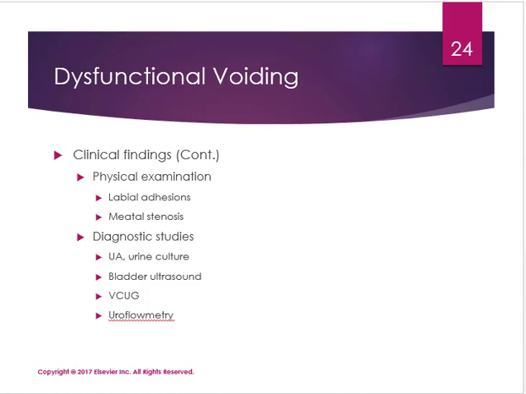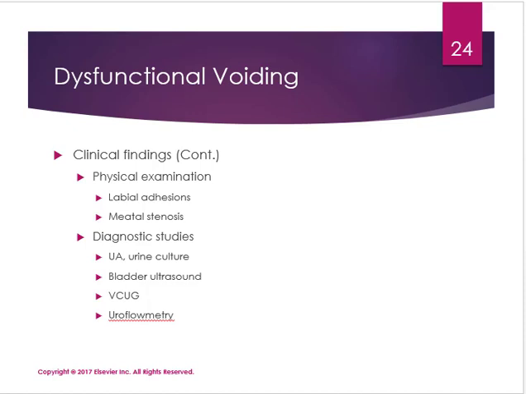You may order a bladder ultrasound to see if structural abnormalities are suspected. You may even see with these patients a VCUG, voiding cystourethrogram, which would be ordered by a pediatric urologist to check the child's urinary tract and bladder under fluoroscopy.